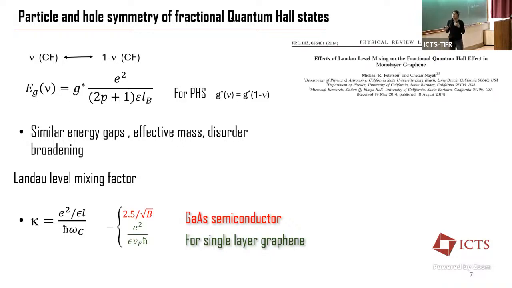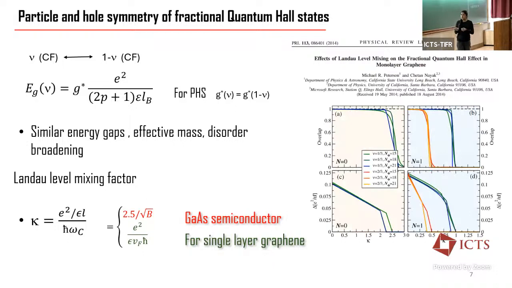There is a recent paper by Chetan Nayak where he has studied the effect of Landau level mixing in single layer graphene. This is the theoretical plot where the first plot shows the Laughlin wave function as a function of Landau level mixing factor, and this is the gap as a function of Landau level mixing factor. This is for the n equal to 0 Landau level, the fractional state 1/3, and this is for the n equal to 1 Landau level state. If you see the first plot, for n equal to 0 Landau level, the Laughlin wave function is quite stable against the Landau level mixing, surviving till a value of 2.